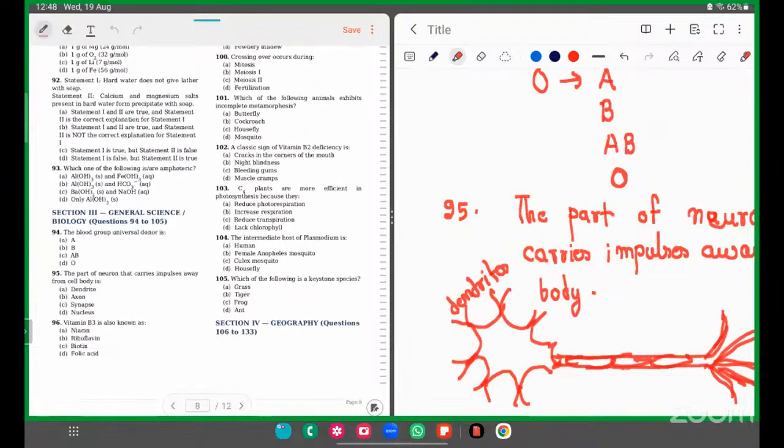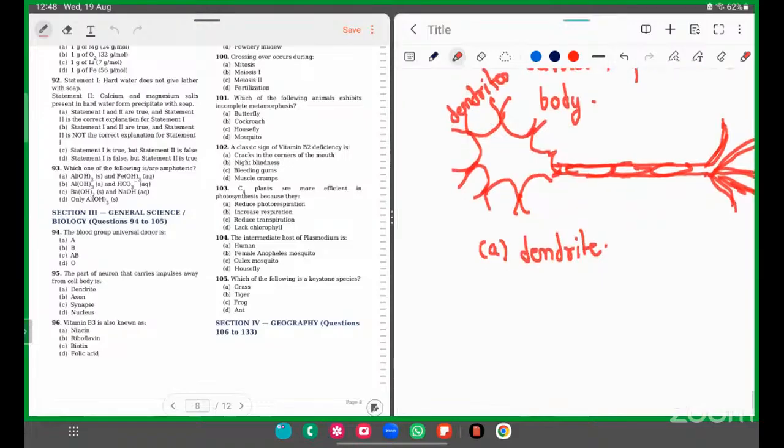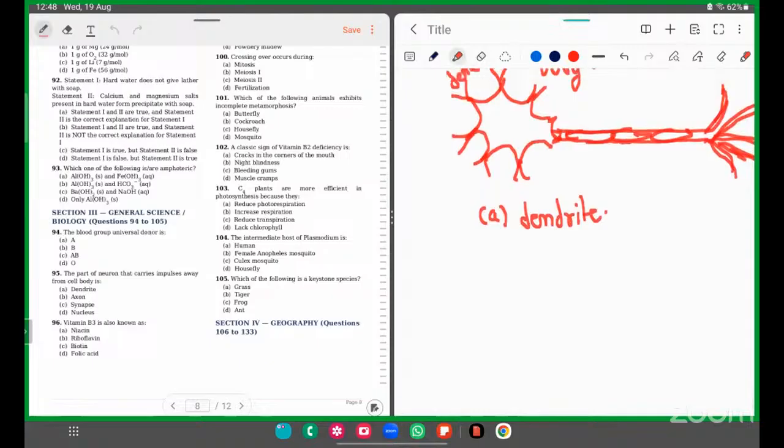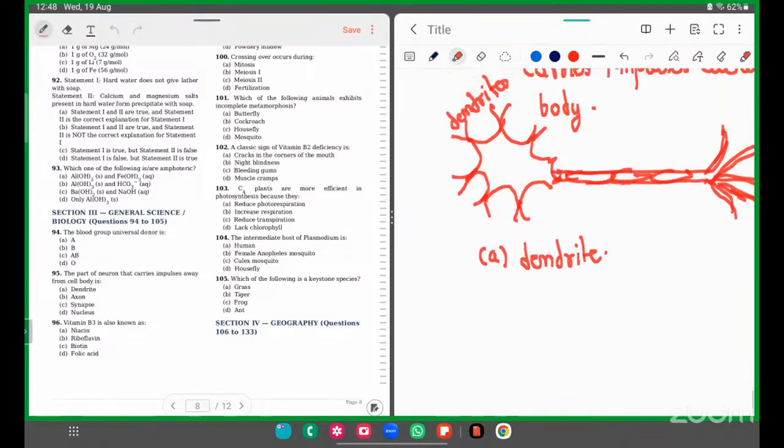So the next question is vitamin B3 is also known as. So we know that vitamins are the nutrients of the body.